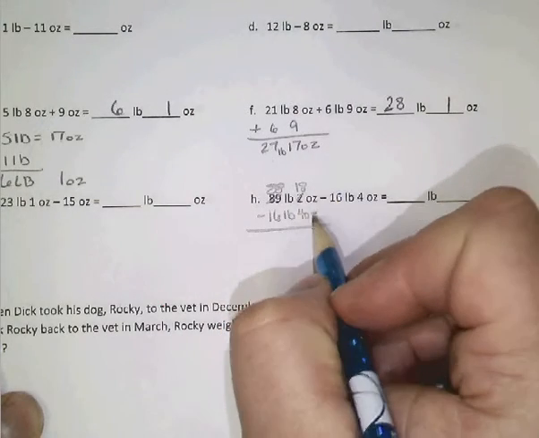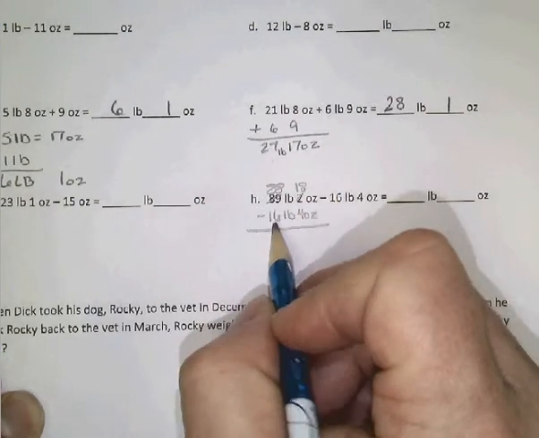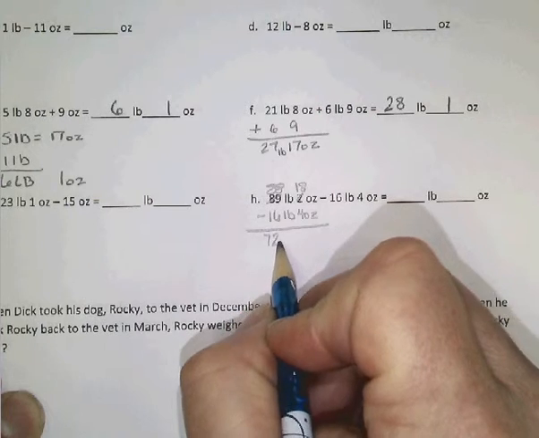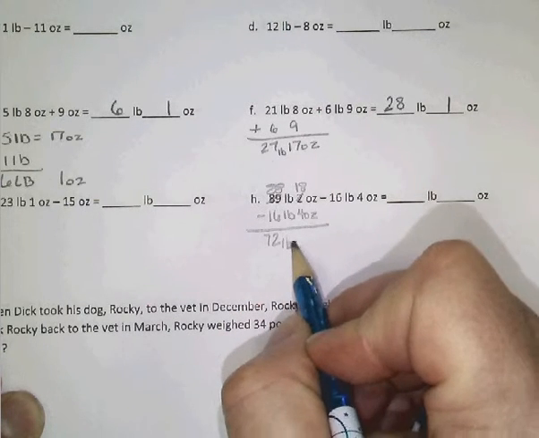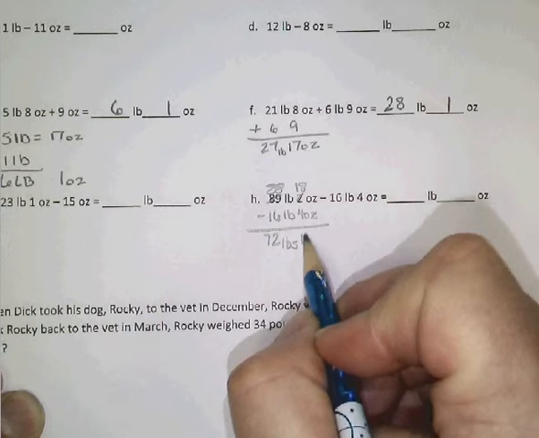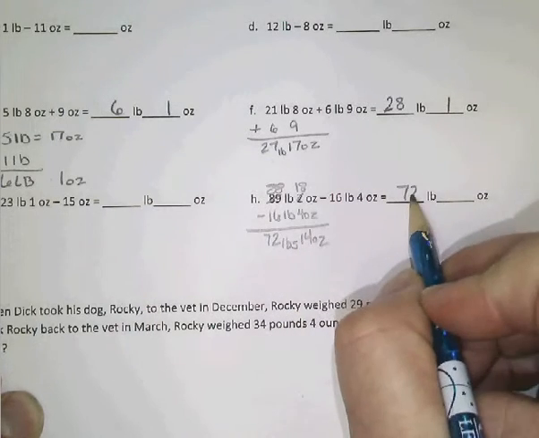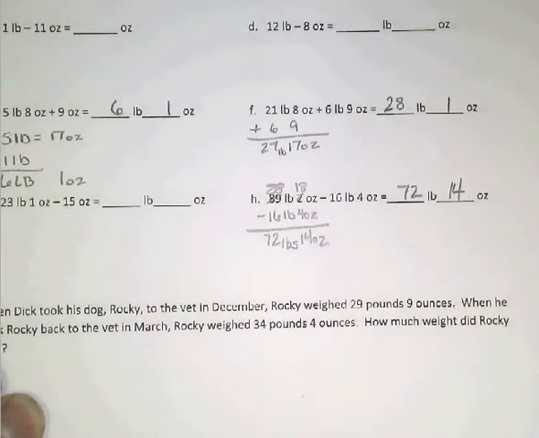And now I can subtract, and 88 minus 16 is 72 pounds. 18 minus 4 is 14 ounces, so I'll have 72 pounds 14 ounces.